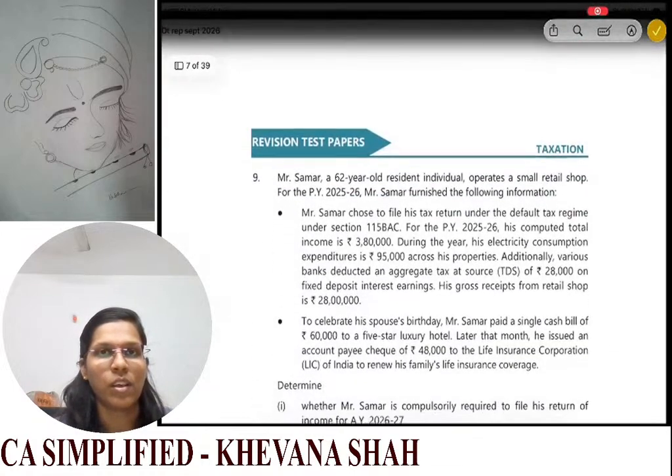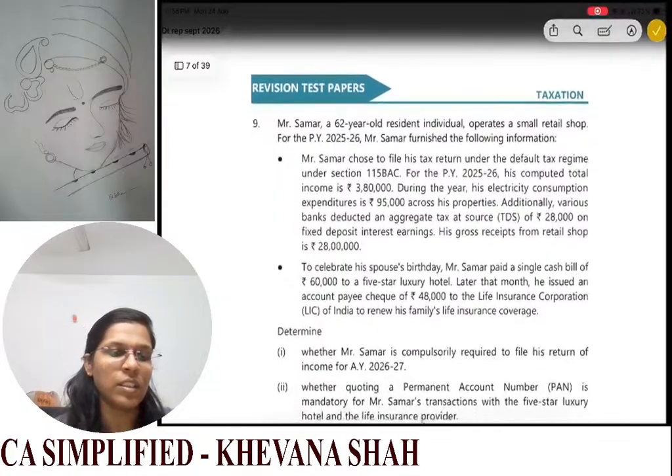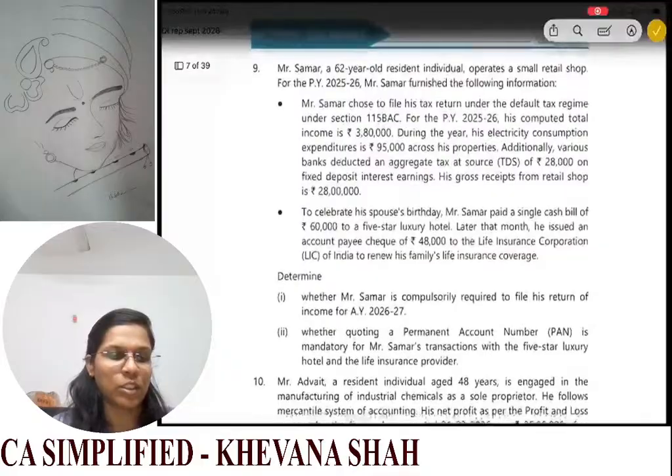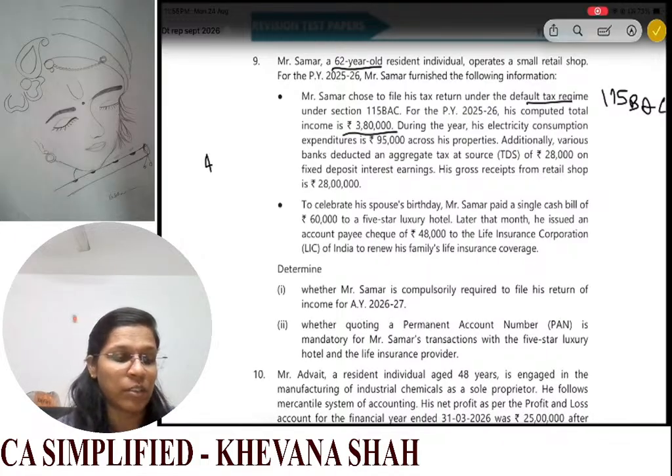Now we have question number 9, which says Mr. Sumer is a 62-year-old senior citizen, resident individual. Now he is choosing to file tax under default tax regime, 115BAC. Computed income 3,80,000.